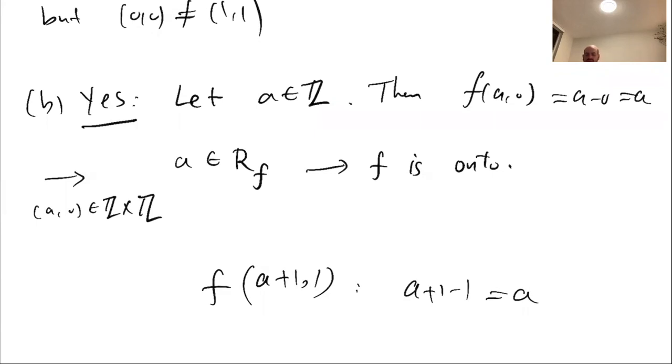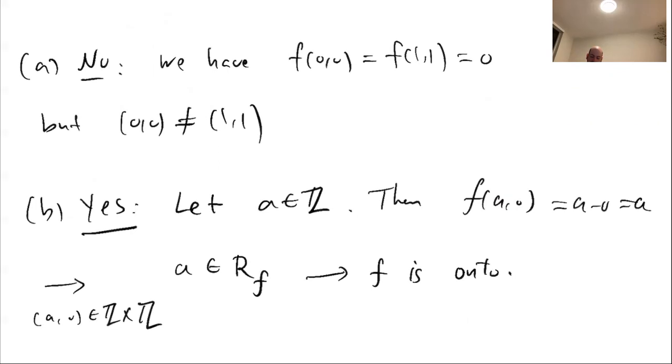But it doesn't matter. One element is enough. If you want to show that your element is in the range, you have to find at least one element in the domain which is mapped to the given element. It could be more. In this example, there are in fact infinitely many choices for each A, but one of them is enough. I just consider A and 0. You could consider A plus 1 and 1, or A plus 2 and 2, and so on. Okay, so the function is onto, or surjective, but not 1-to-1.